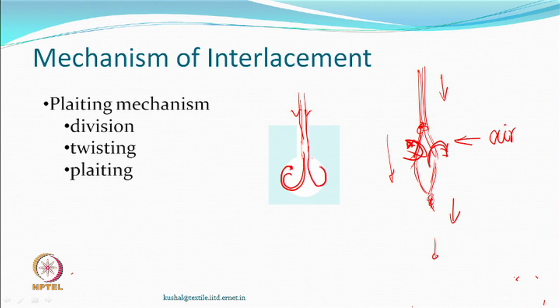This one goes there and makes some kind of a swirl, and the portion of the yarn which is separated, if it is here, one portion here, other portion here, then they will be twisted in different direction, if this is true, right.